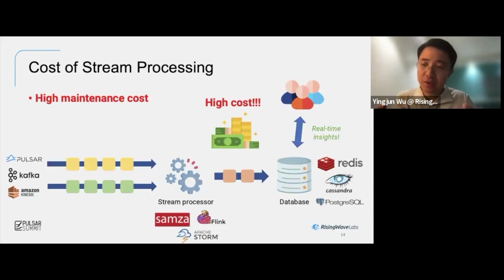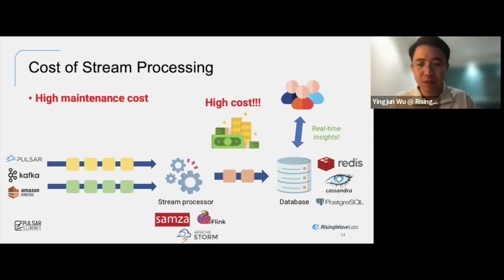And in addition, you need a database system downstream to hold the results. And why? Because stream processing systems such as Samza, Flink, and Apache Storm do not really store the results. So essentially, if you care about the results, you have to have some system to maintain them. And that's why you want a database system.